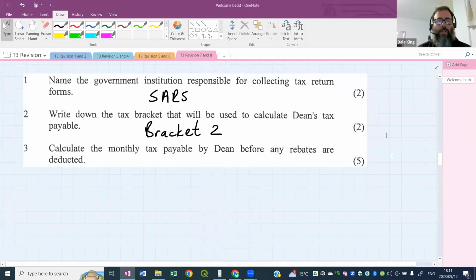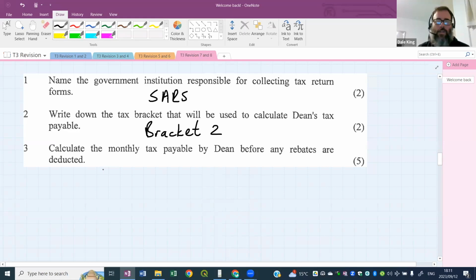Ben, the question was, what is a tax rebate? A threshold whereby it shows your ages, and according to your age, it gives you money. Yes. So SARS wants to give you some money back, depending on your age.